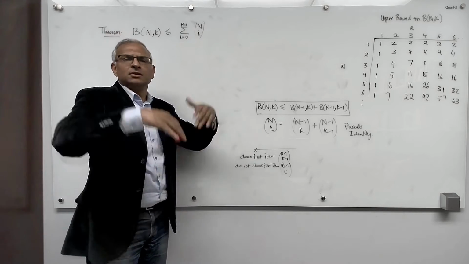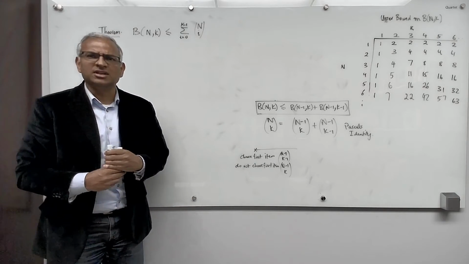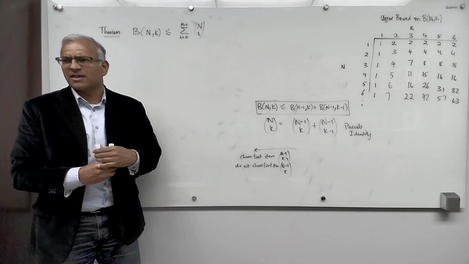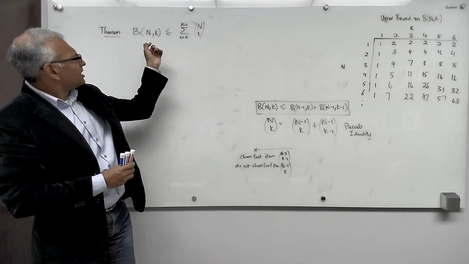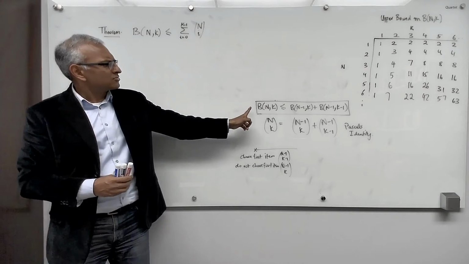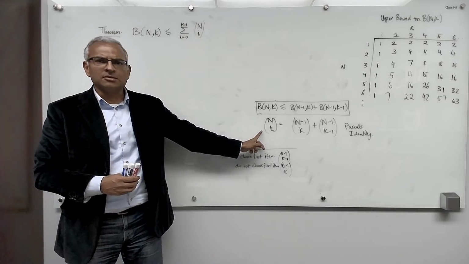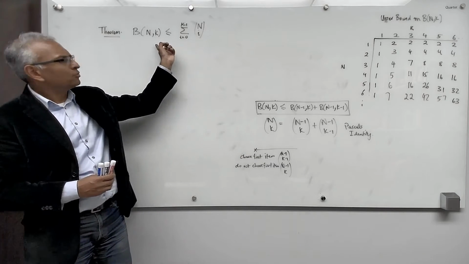Okay. Well, you have this recursion, and we claim this theorem, and using Pascal's identity now you should be well equipped with all your background in algorithms and discrete math that you should be able to prove this identity using this recursion and Pascal's identity. So you should be able to prove this upper bound.